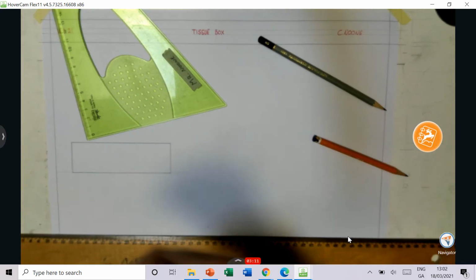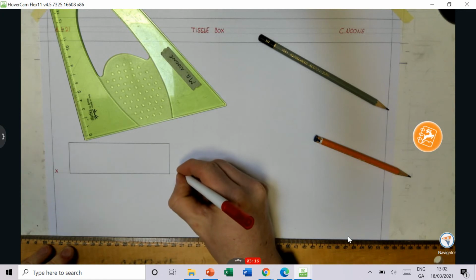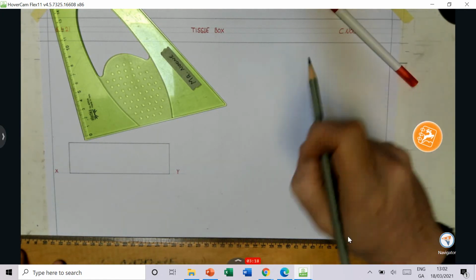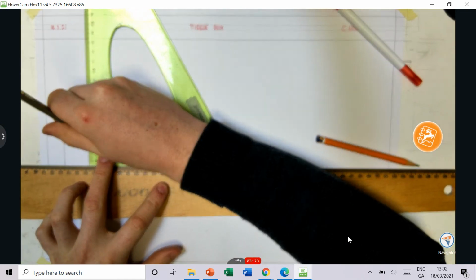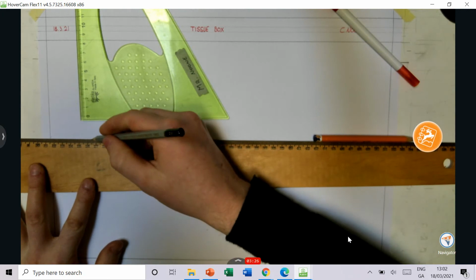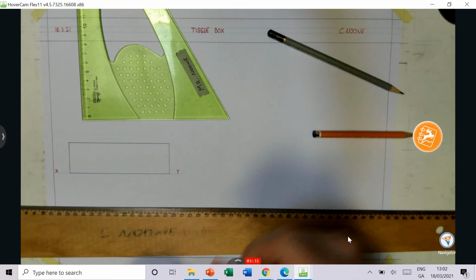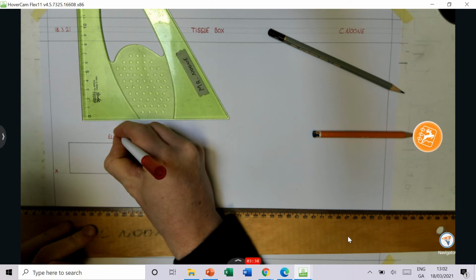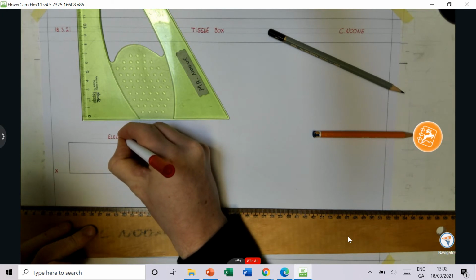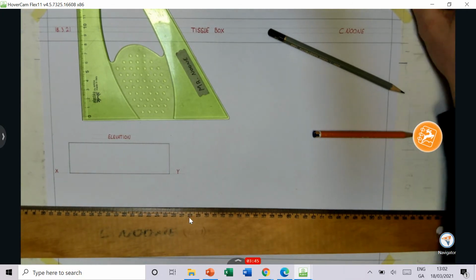And I'm going to label that XY. So this is my XY line. Make sure that you're labeling that. Once you're finished drawing the elevation, I'm going to measure up 5 mil and 5 mil, and label that the elevation.